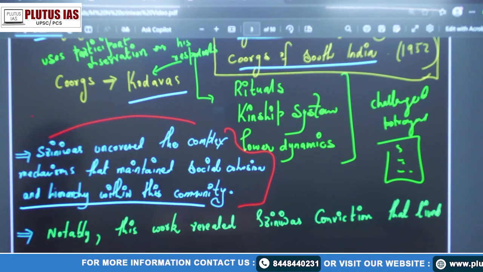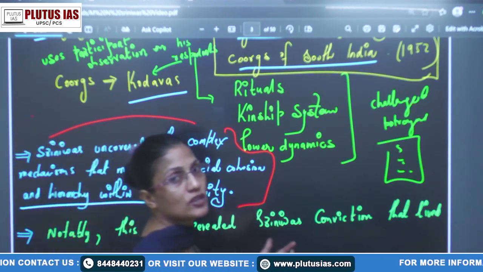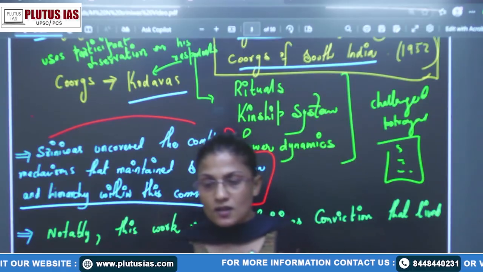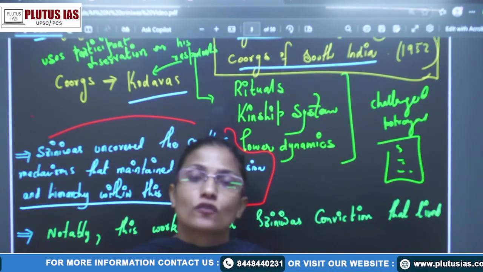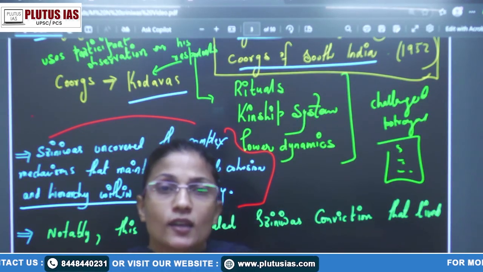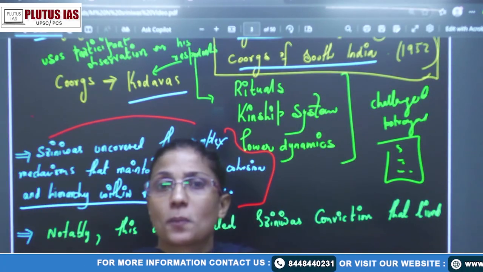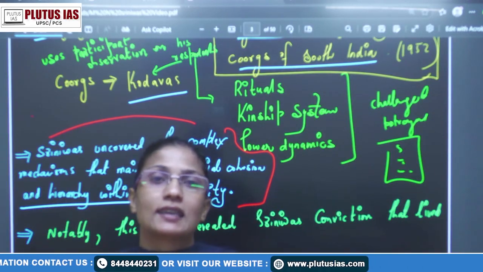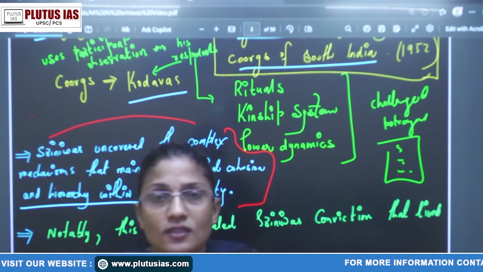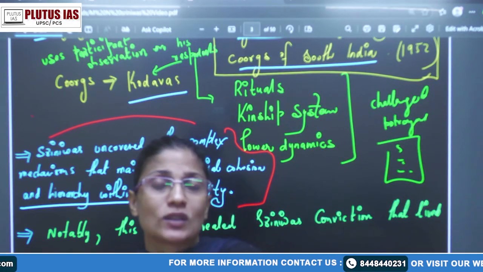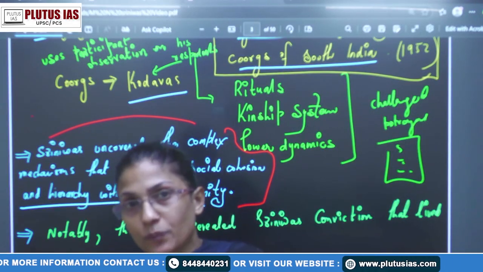You would see how M.N. Srinivas is making an application of sociological theories. He is using Durkheim's perspectives and also Weber's perspectives, and his writing is very similar to the theories we have got from Talcott Parsons.